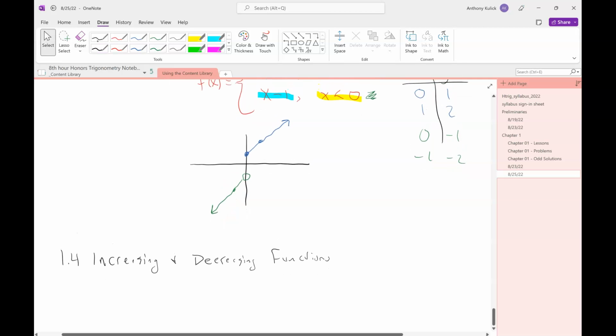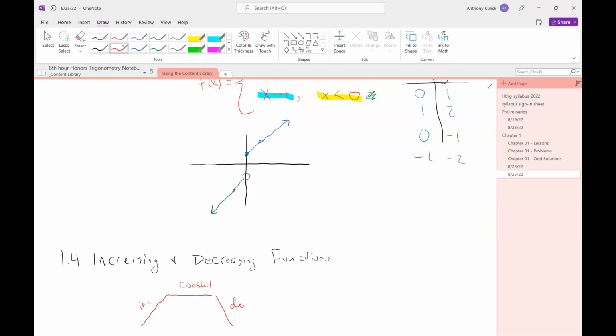So increasing is where basically we're going uphill. Decreasing is where we're going downhill. There's one other thing that the graph could be doing, though. What's the third thing? Yeah. So there's increasing, and there's decreasing. And then if you're not doing anything, what's this called?